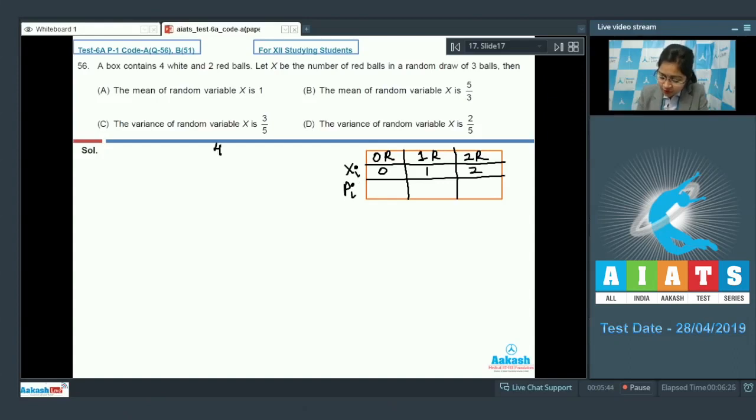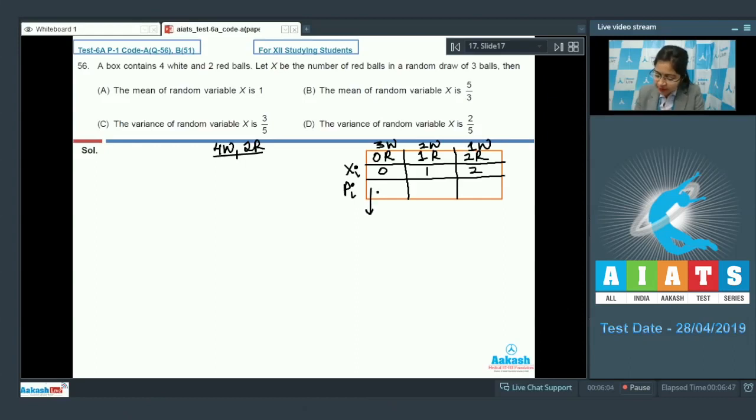Now we have 4 white and 2 red balls, which means that if I draw 0 red balls, then I will have 3 white balls. If I have 1 red, then I will have 2 white. If I have 2 red, then I will have 1 white ball. So let us find its probability.